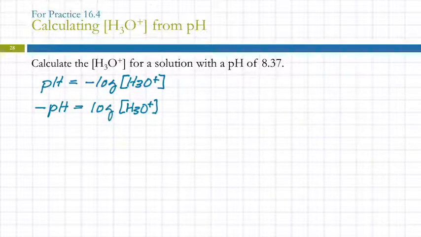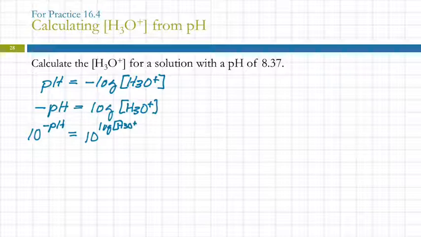Are you okay with that? And then, to get rid of the log, I do 10 to the x of both sides. So 10 to the x on the left side is 10 to the negative pH. And then I have 10 to the log of the hydronium ion concentration. And the log and the 10 to the x cancel out, so that's just hydronium ion concentration.